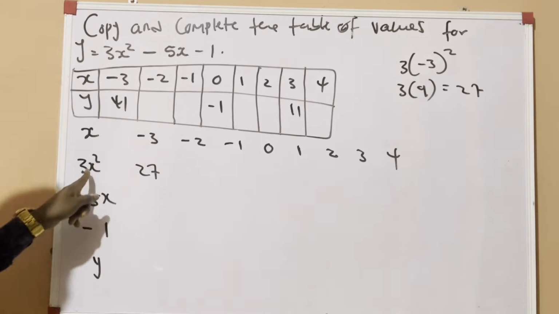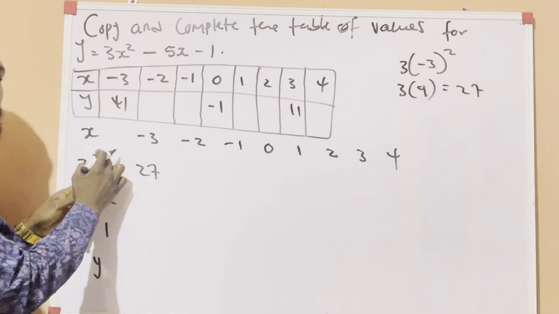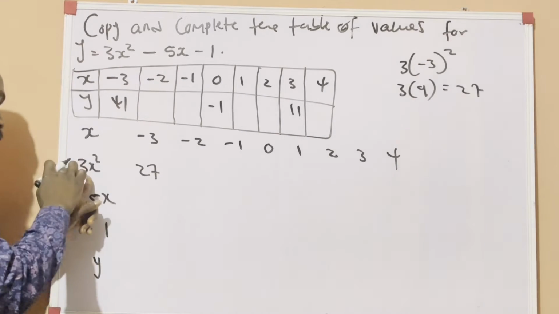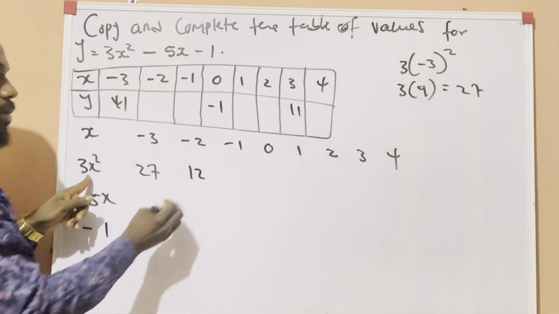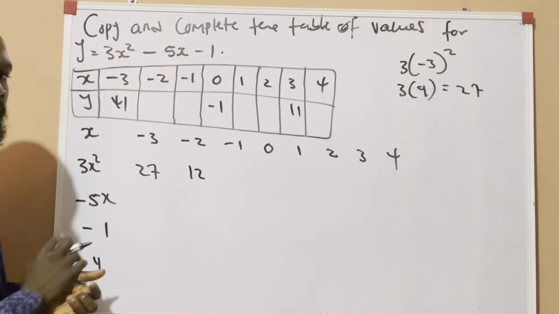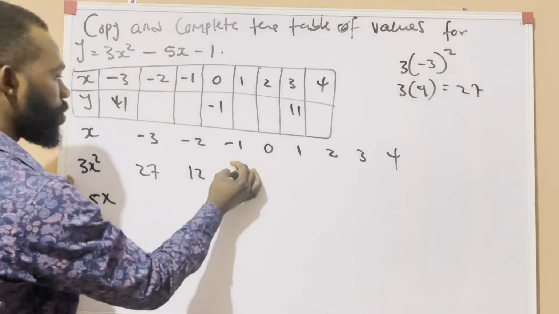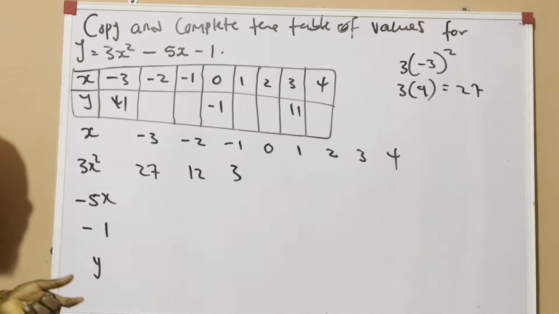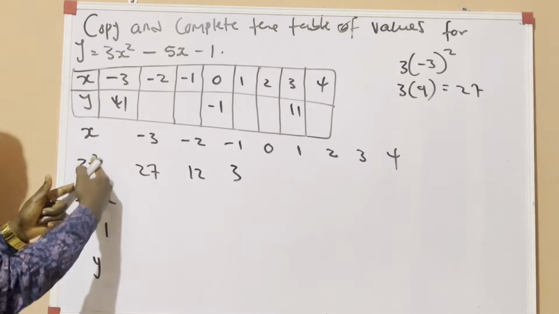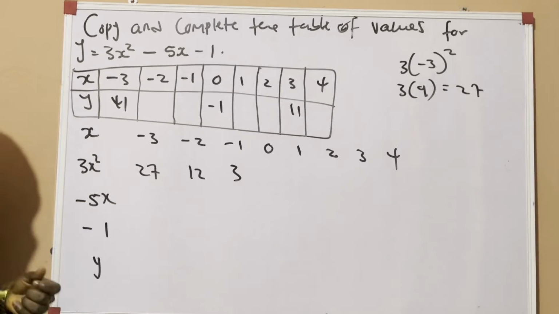Now next, x is minus 2. Minus 2 raised to power 2 is 4, and 4 times 3 gives us 12. Are you with me? Next is minus 1. Minus 1 raised to power 2 is 1, and 1 times 3 gives us 3. Here is 0. 0 raised to power 2 is 0, and 0 times 3 is 0.